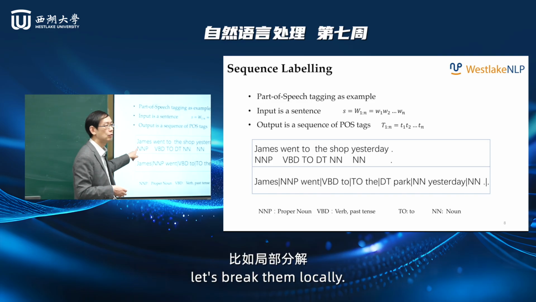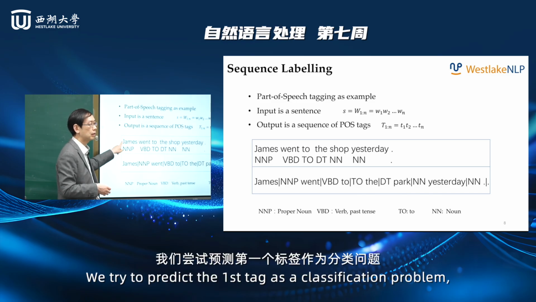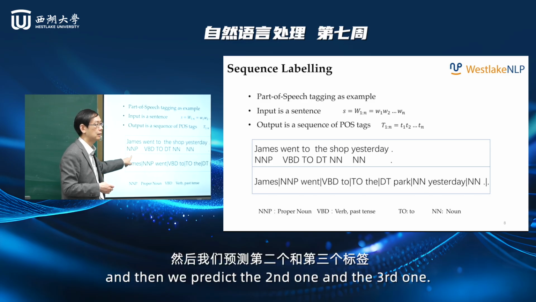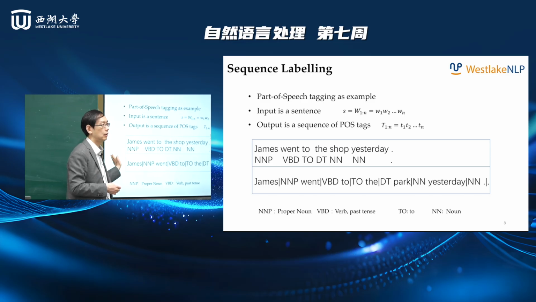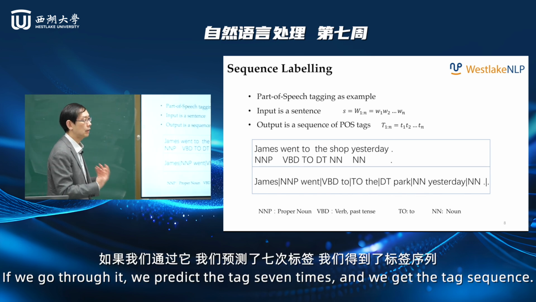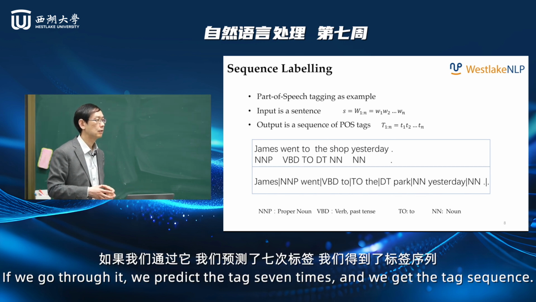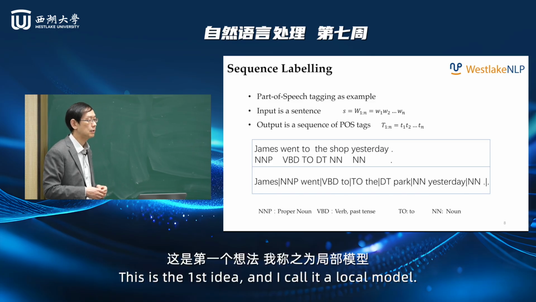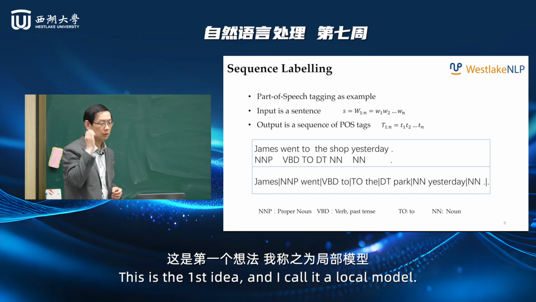Let's break them locally, right? We try to predict the first tag as a classification problem. And then we predict the second one and the third one. If we go through it, we predict the tag 7 times, and we get the tag sequence, right?